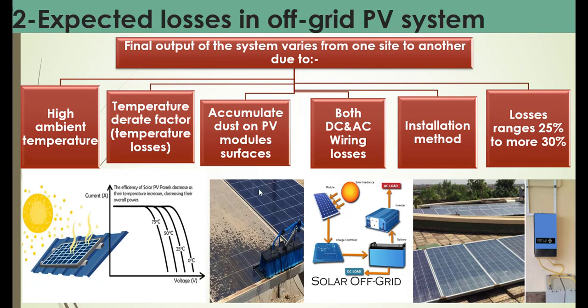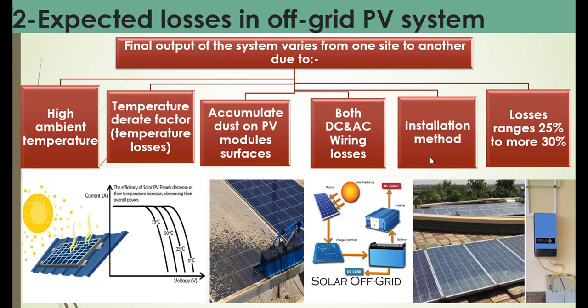Also another factor is the accumulated dust on the surface of modules, which must be cleaned either manually or by machinery. And also there are losses in DC and AC cabling or wiring, and this will be discussed in detail in the next lectures.